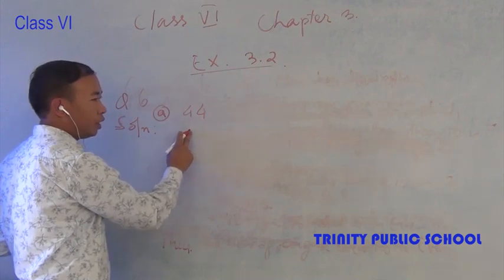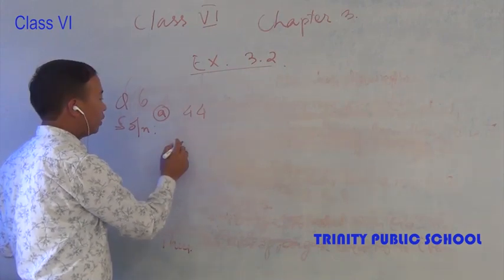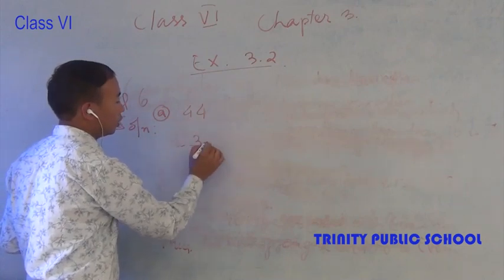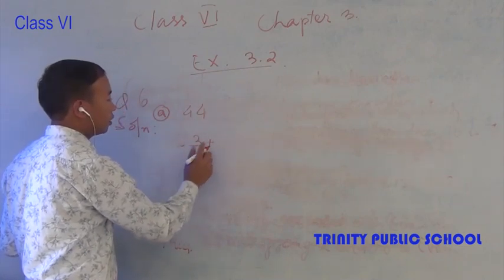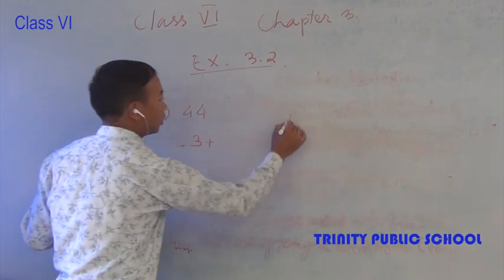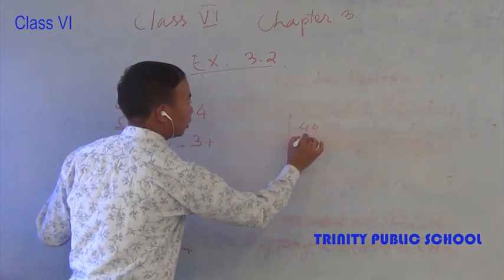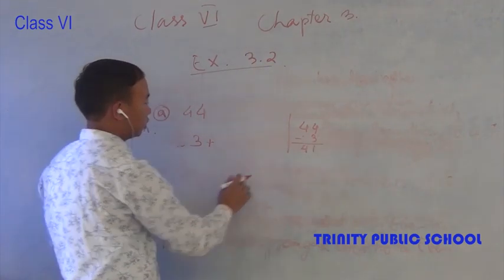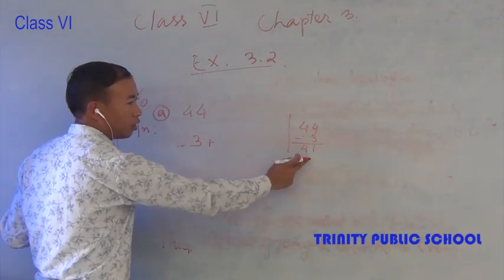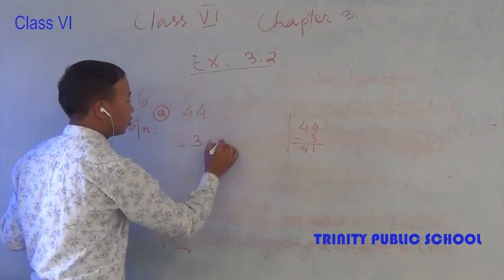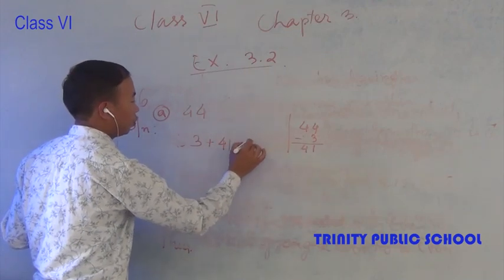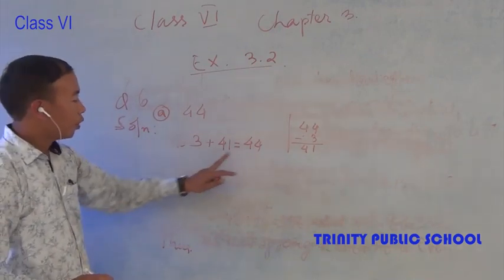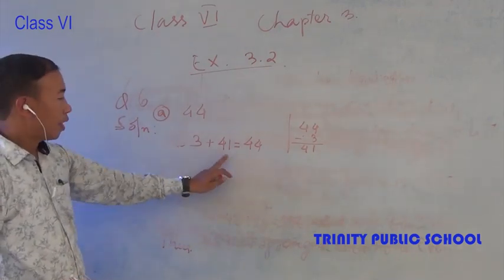We know that 3 is an odd prime number, so 3 plus 41. 41 is an odd prime number, so we get 44. Thus, we express 44 as the sum of 2 odd prime numbers.